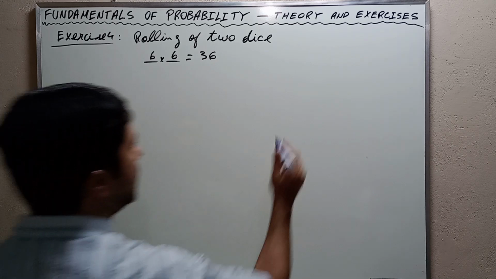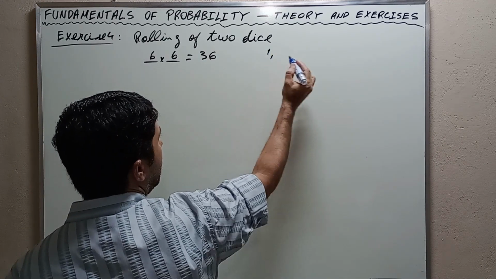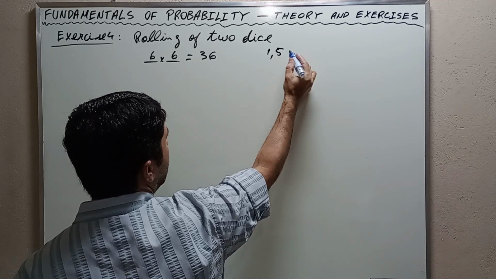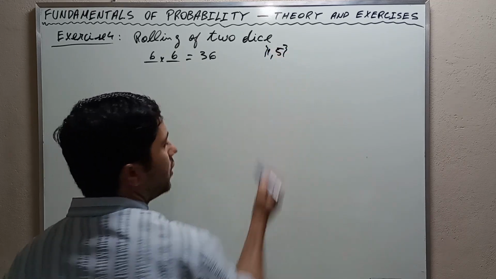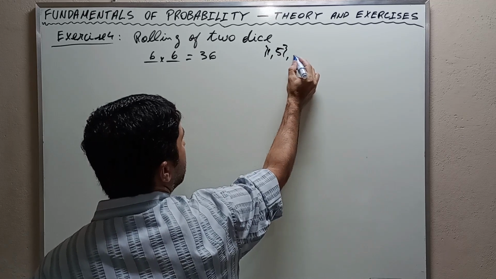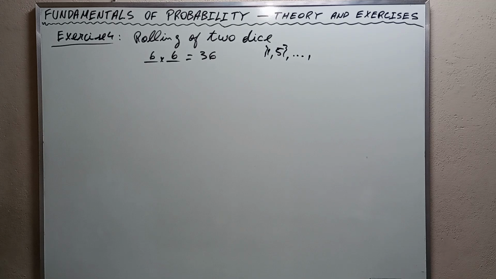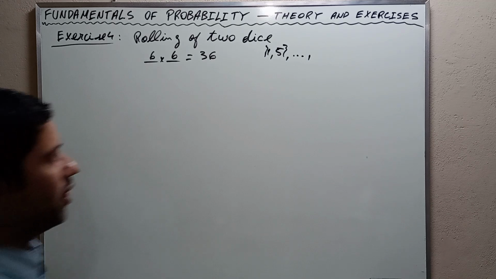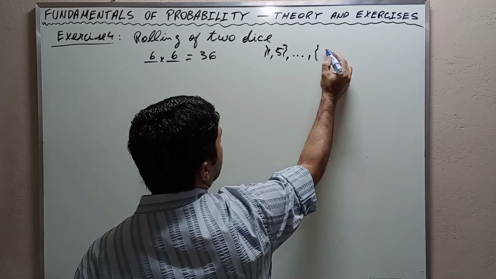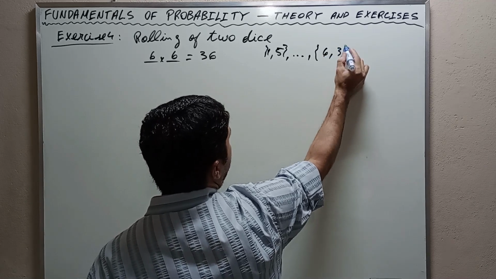One die can land facing one up and the other 5. This would be one outcome, and after doing it many times, we may find 6 and 3 here.